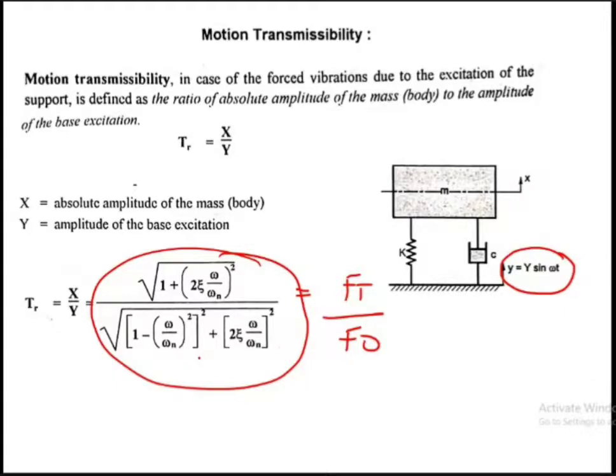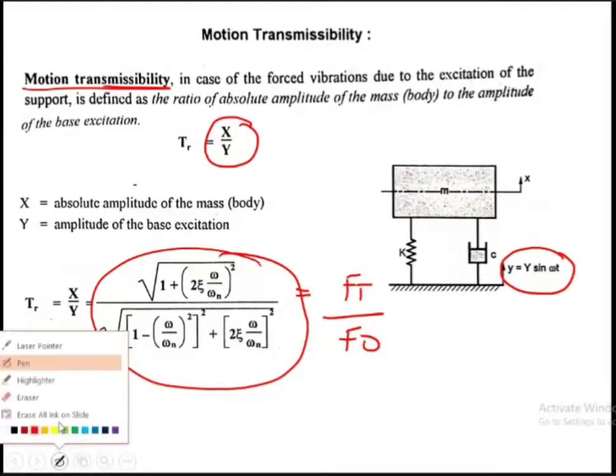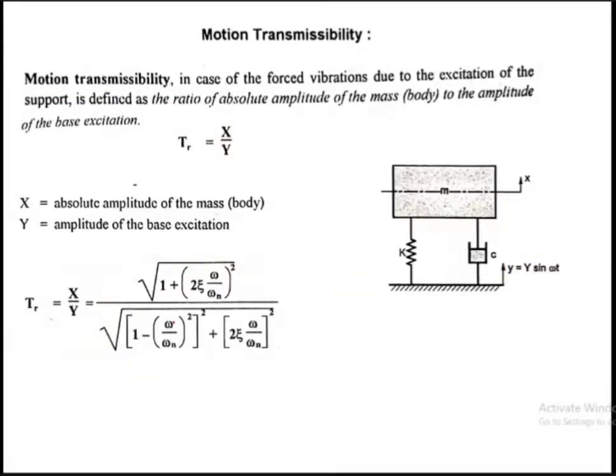For absolute amplitude, I get the ratio x upon y, which is the motion transmissibility, or you can also call it the displacement transmissibility. But the formula for the transmissibility of motion and of force remains the same. Only the concept is different. I hope it is clear to all of you.